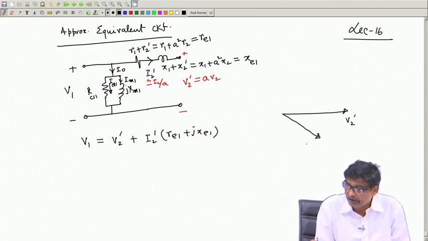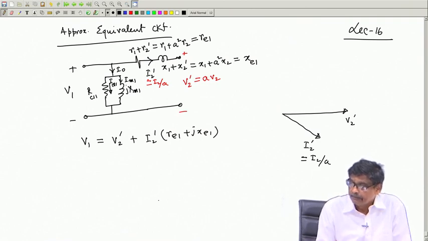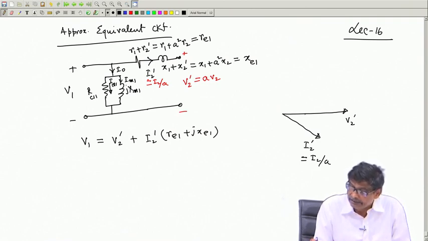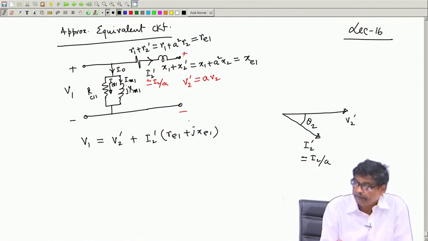Suppose it is supplying, what is I 2 dash? Actual current by a, and this is then the load power factor angle, mind you, this is the load power factor angle theta 2, whatever impedance you have connected.